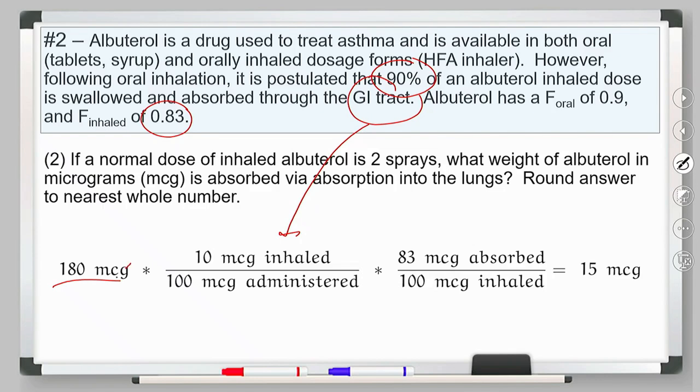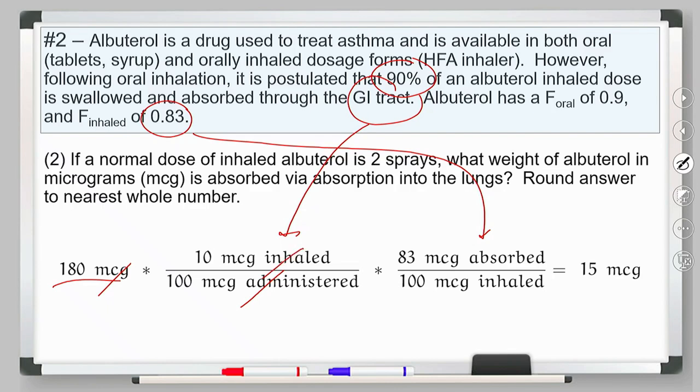Okay, so if you give them 100 micrograms, then only 10 micrograms makes it into the lungs, 10%. So again, if I multiply 180 by 10 and divide by 100, I now know the number of micrograms in the lungs. All I factored there is the 10% of the dose going into the lungs. Okay, so of that amount, remember, only 83% is going to get absorbed because the bioavailability across the lungs is 0.83, which is 83%, meaning 83 micrograms will be absorbed for every 100 micrograms inhaled.